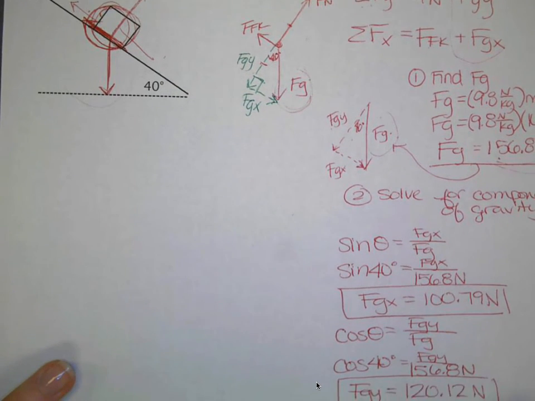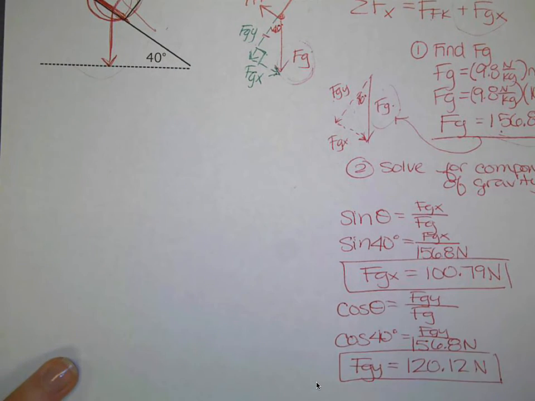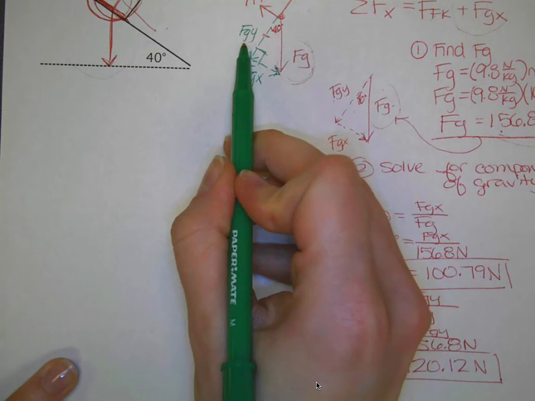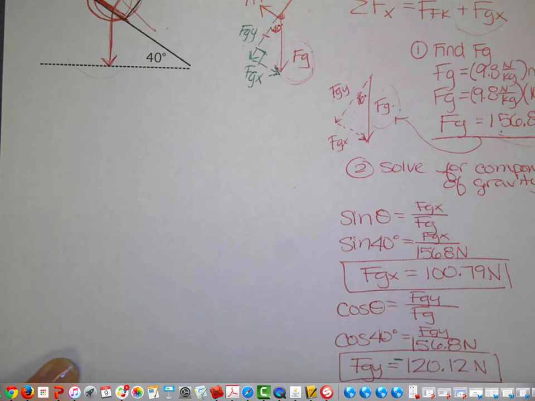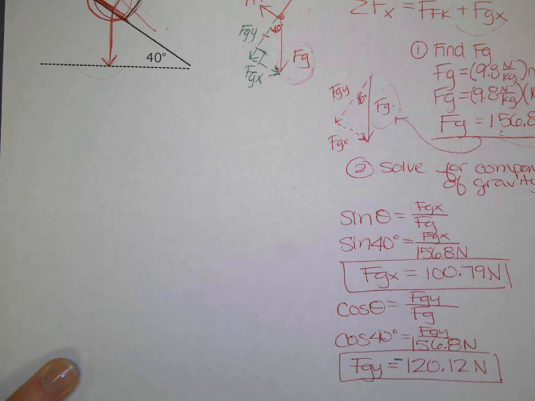If I'm looking at this on my diagram, I have to realize that FGY is down, so therefore that would be a negative value. I'm still not done, as you'll see that I have FGY and FGX, but it asks me for Fn and FFK.